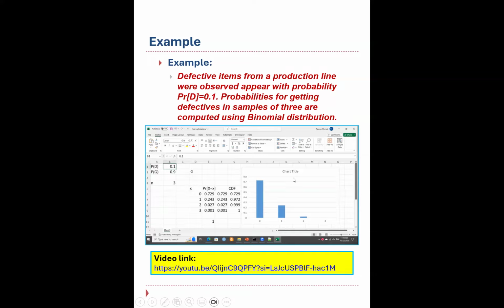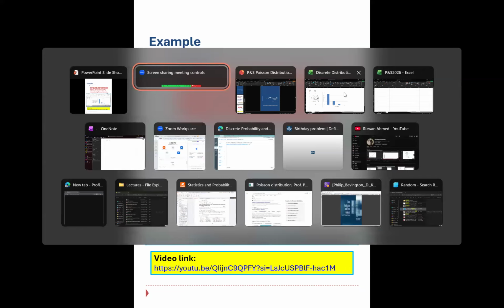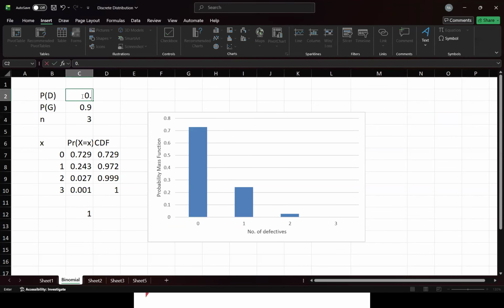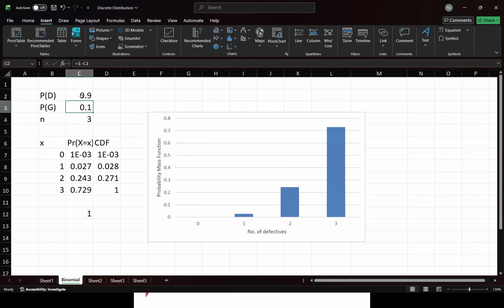We also considered how sensitive the binomial distribution shape is with respect to the given probability of defectives. For example, I have the same sheet over here. If the probability of defectives is changed to a higher value, we will see the peak shifted towards the right side, towards the higher values.